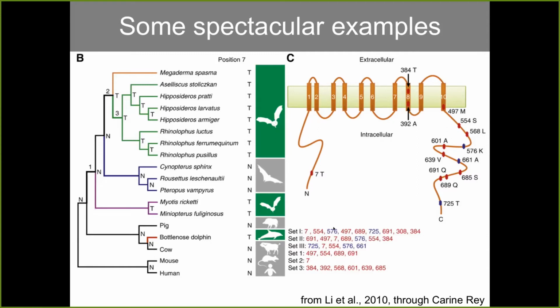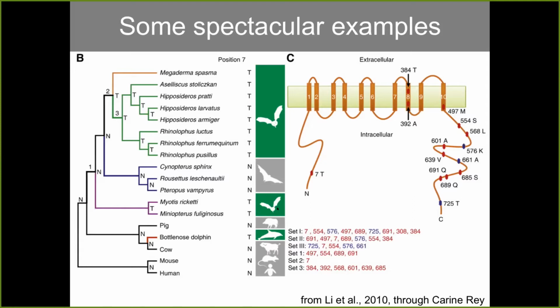So there is some reason to be hopeful that this substitution, this position, is indeed related to the ability to echolocate. But of course, echolocation probably involves more than one site. So that's one example that was really spectacular, although we only have 3 examples, if we trust the bat phylogeny, of convergent evolution.